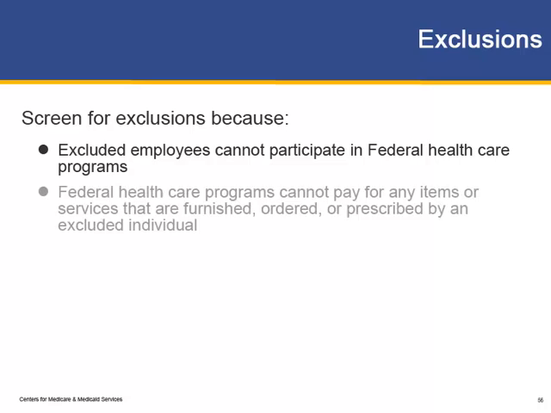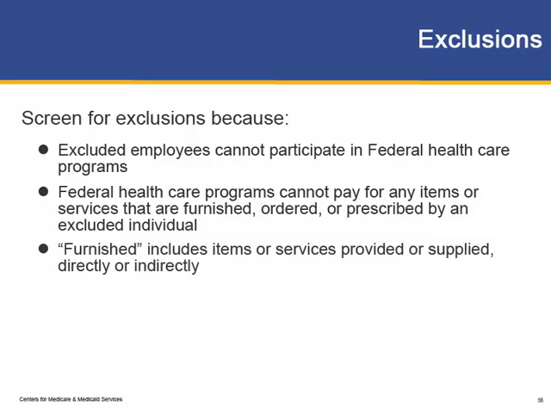Federal health care programs will not pay for items or services furnished, ordered, prescribed, or supplied by an excluded individual or entity. Furnished is a key word. It refers to items or services provided or supplied, directly or indirectly, by an excluded individual or entity.